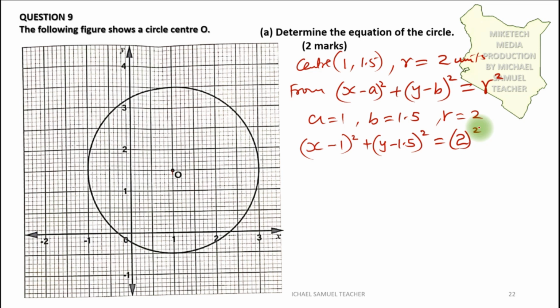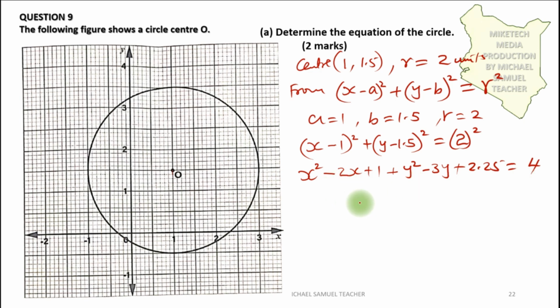So you can just simplify this. If we expand this bracket, it will be x squared minus 2x plus 1, then the other part will be plus y squared minus 3y plus 2.25, equal to 4.